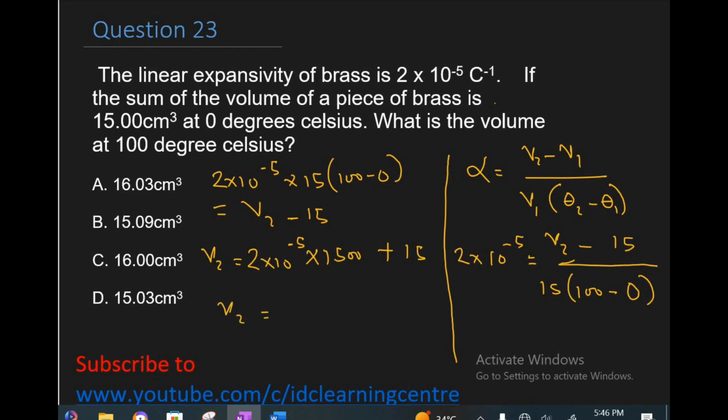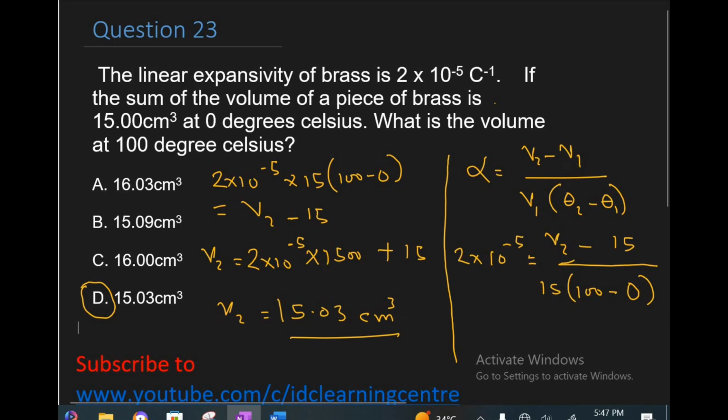When we multiply these all together, we're going to have our answer as 15.03. Remember, it is volume, cm cubed. So our correct answer for this question is option D, 15.03. So let's go to the next question here.